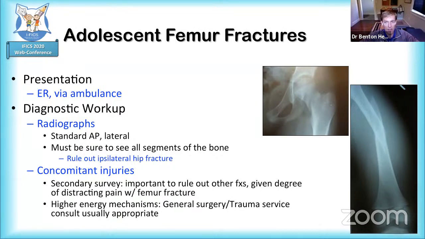If it's a higher energy trauma, at our institution, they become general surgery patients. We have a formal trauma service for 24 hours until there's been a tertiary survey and various other injuries or monitoring has been completed or ruled out.